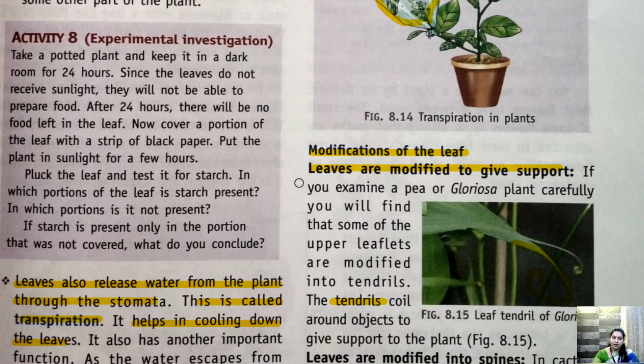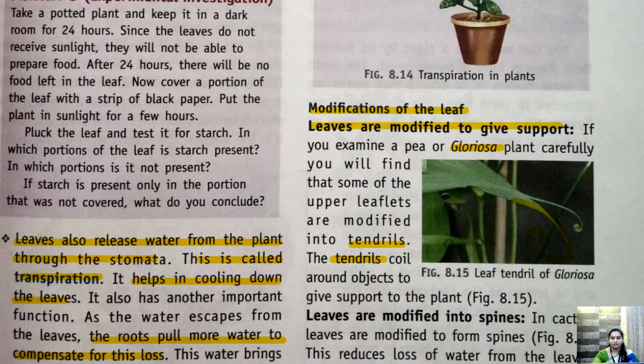कैसे? If you examine a pea or a glorosa plant carefully, you will find that some of the upper leaflet are modified into tendrils. कुछ leaves क्या होती है आगे से मुड़ी हुई होती है, that is called tendril. The tendril coil around object to give support to the plants.